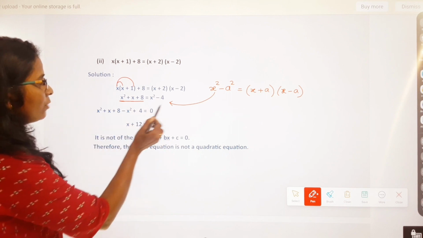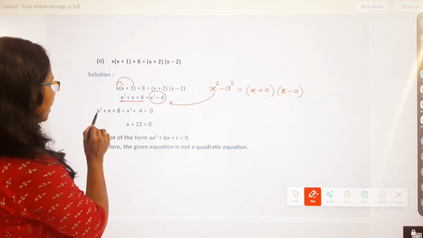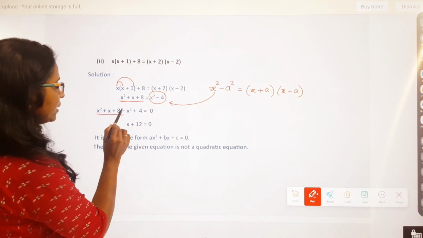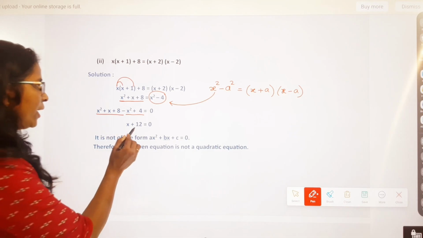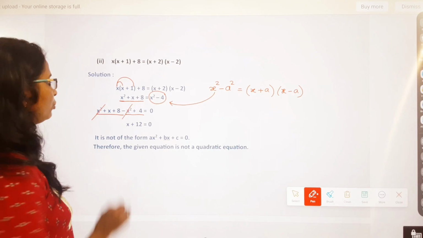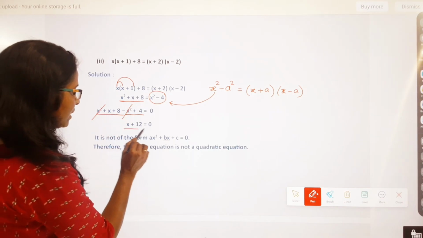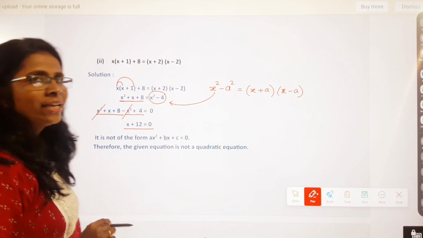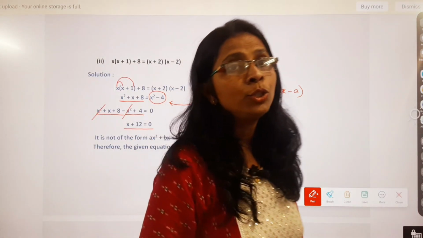Now change the position of the right hand side. So x square plus x plus 8 minus x square plus 4 is equal to 0. Now x square minus x square cancel out, leaving x, and then plus 8 plus 4, that means 12. So we get the equation x plus 12 is equal to 0.